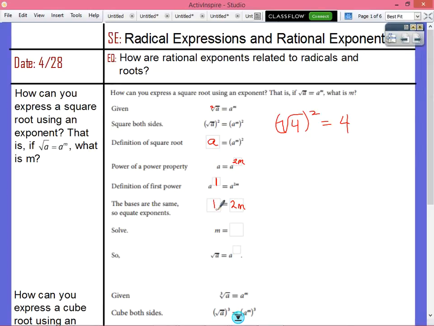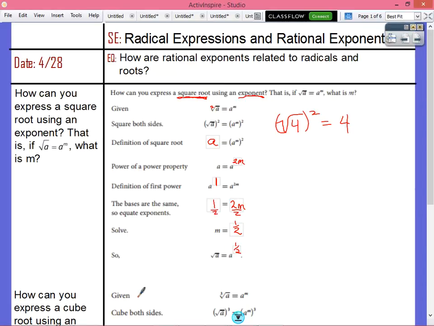We need to divide both sides by 2, and then m would equal 1/2. So the square root of a is equal to a to the 1/2 power. In other words, if we have a square root, that's the same as having it written as an exponent of 1/2.